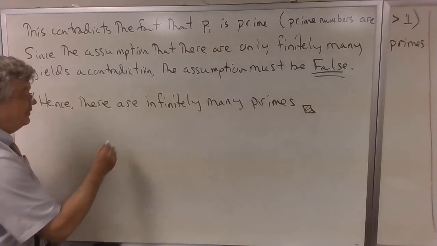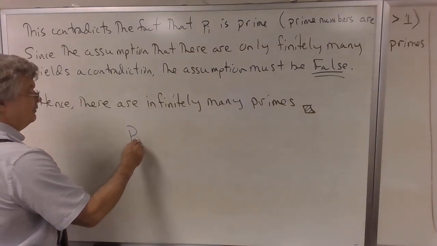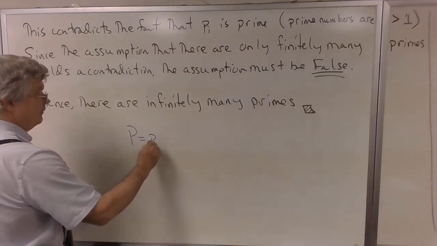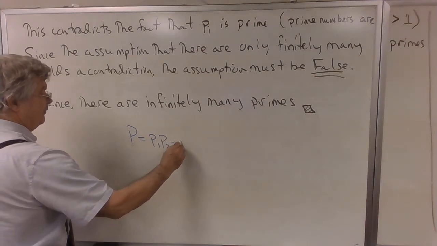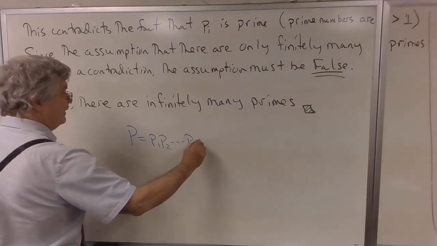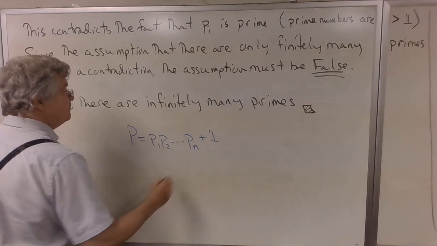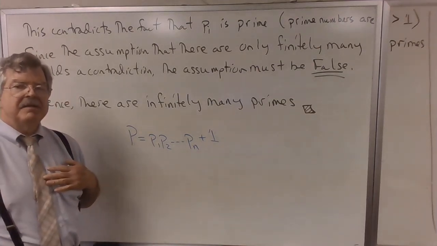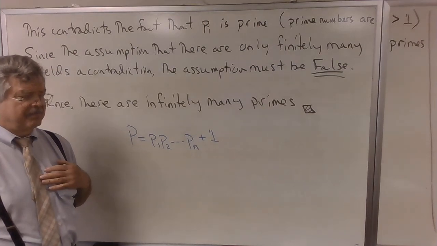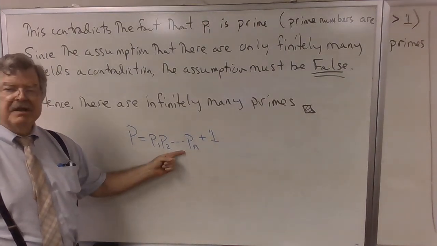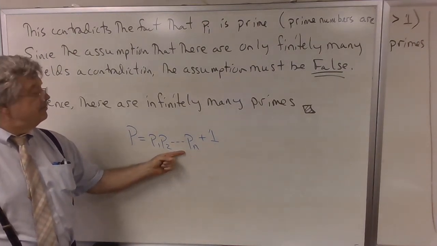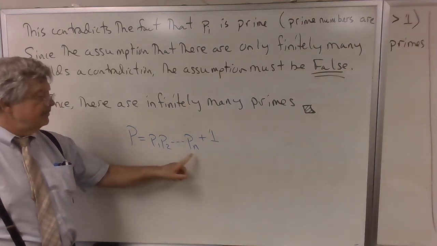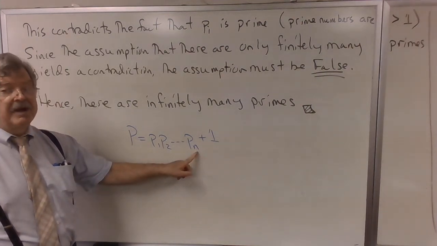But the stroke of genius was just to take this number and add 1. And since we're assuming there are only finitely many primes, this thing has to be composite, especially since it's larger than the largest prime p sub n.